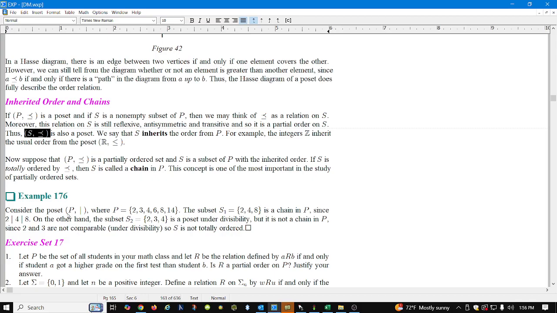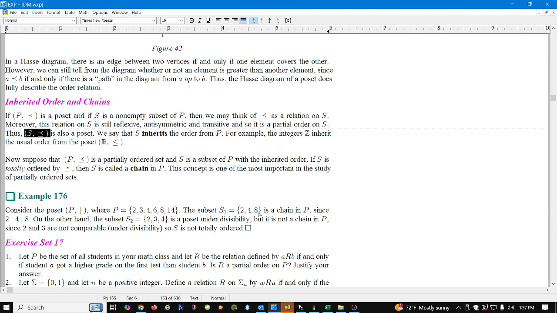So for example, let's take this set P under divisibility. Okay, this is not totally ordered. 3 and 8, for example, are not related. 3 does not divide 8, 8 does not divide 3. This subset, {2, 4, 8}, is totally ordered under the same divisibility.